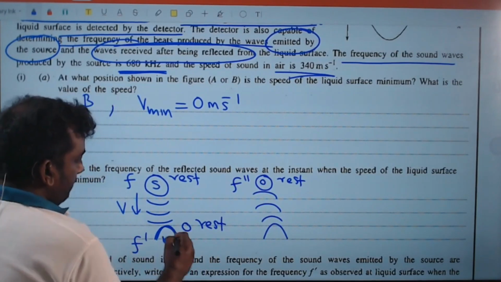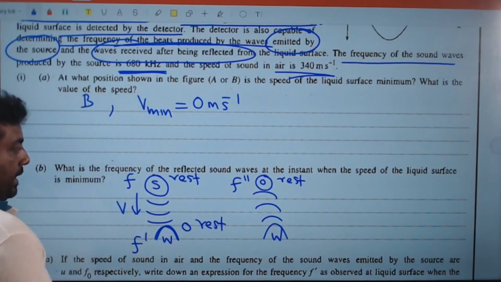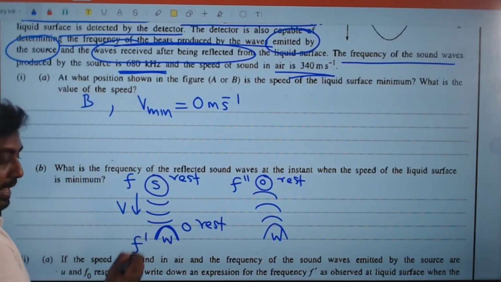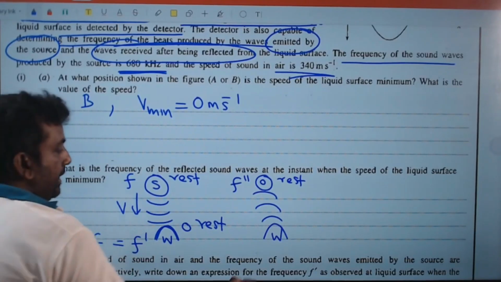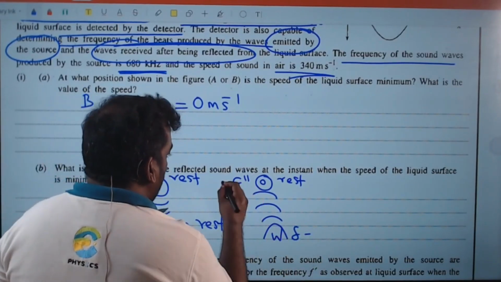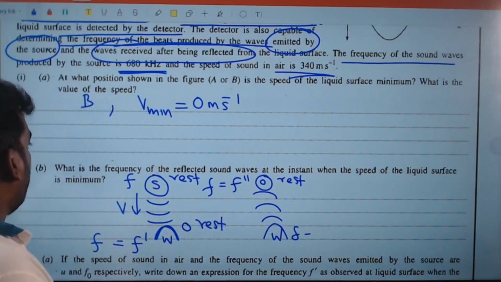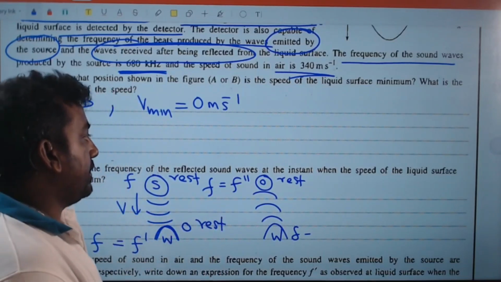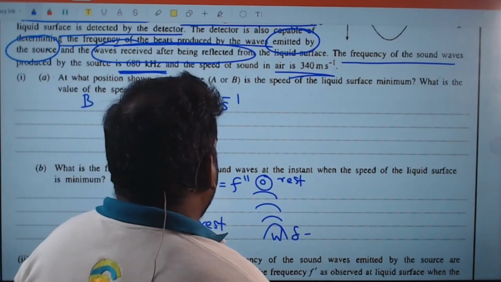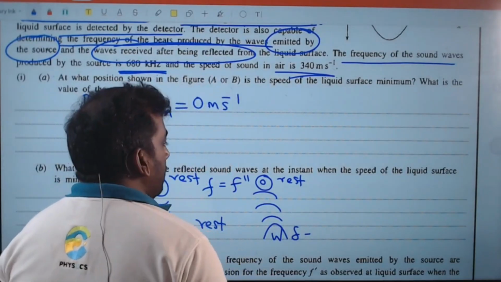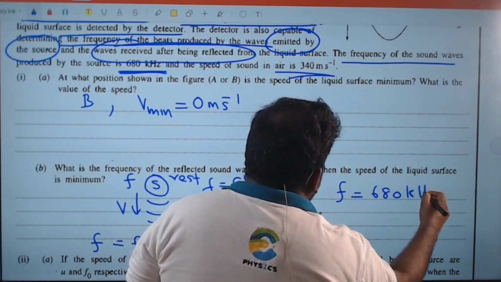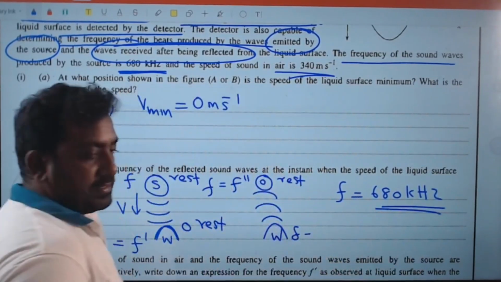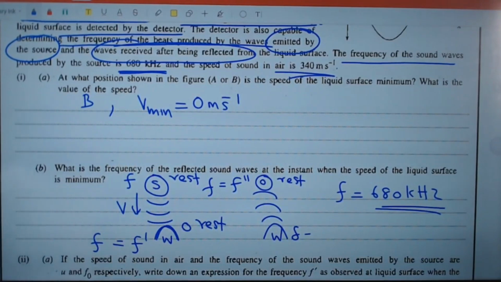There is no relative motion. Actual frequency and apparent frequency both are same. So what is the frequency reflected at the instant when the speed is minimum? Frequency reflected is also same as received, 680 kilohertz.